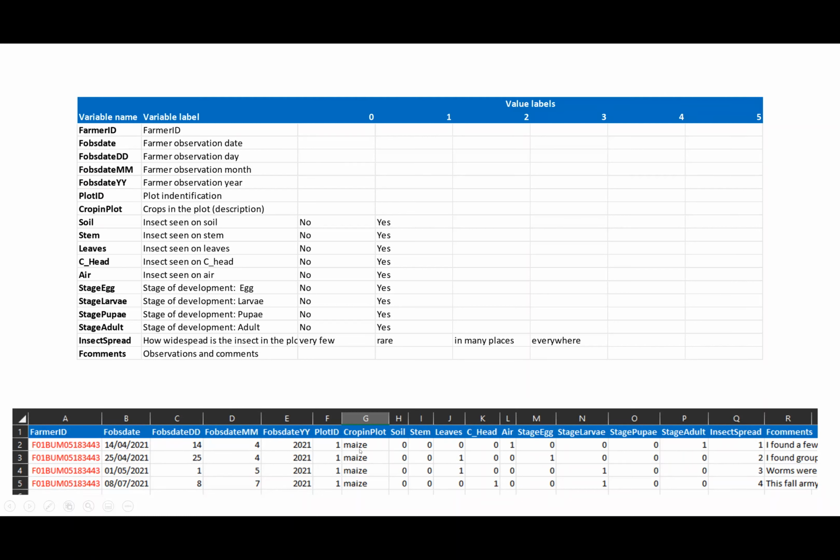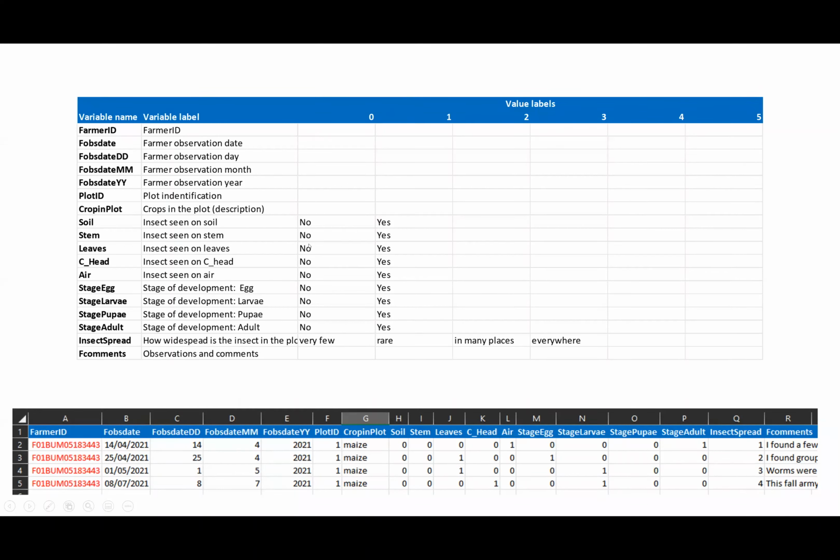And then there's a plot ID, and then they kept the 0, 1 columns for where the insect was found, the stage of the insect, and the level of spread. And then there is a final column, F comments, farmer comments, and those are the observations.